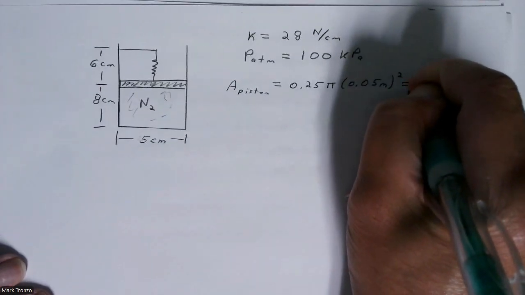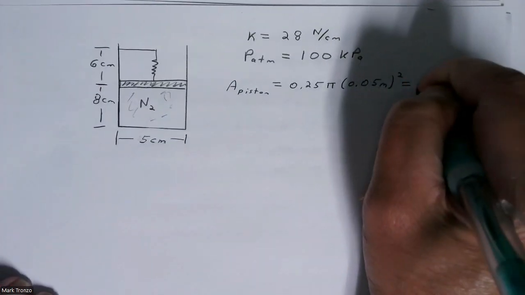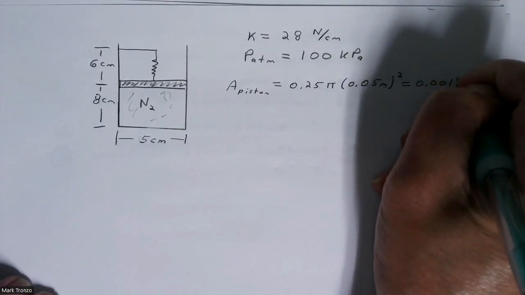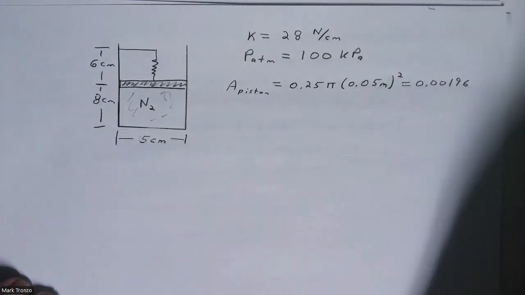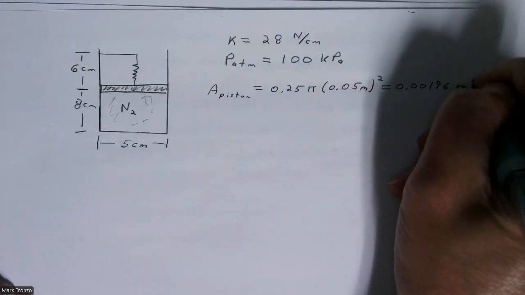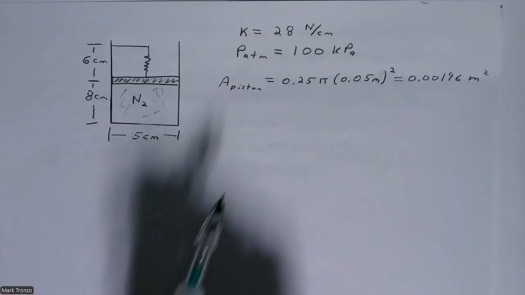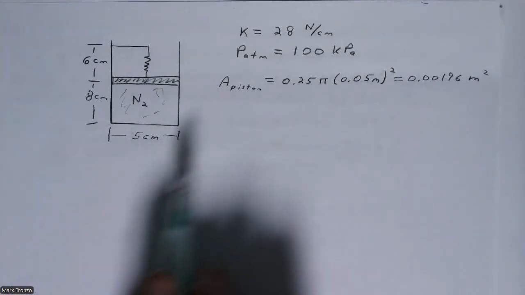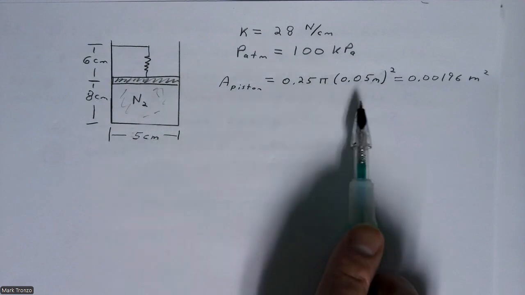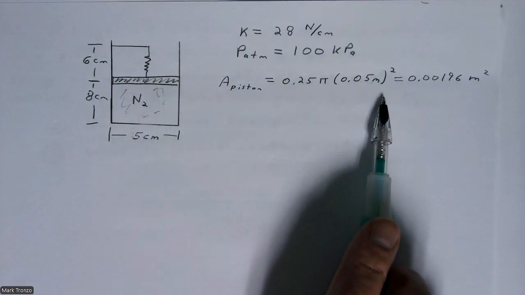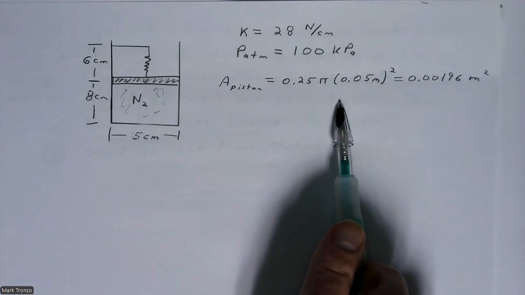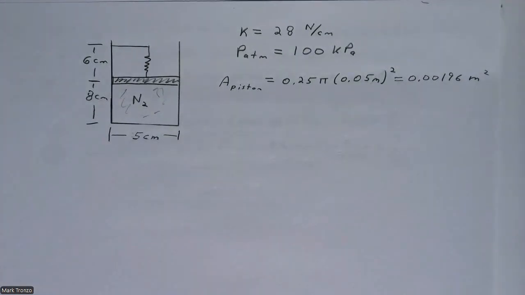And when you put this into the calculator, it's 0.00196 meters squared. Also, I should have noted I changed this to meters. 5 centimeters, remember, you divide that by 100 to get 0.05 meters. It's probably more convenient to use meters in this problem.